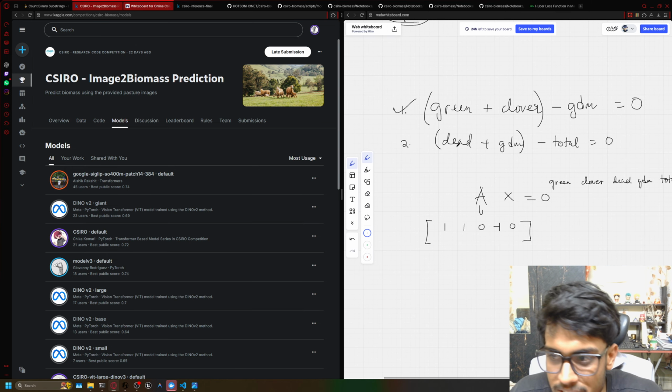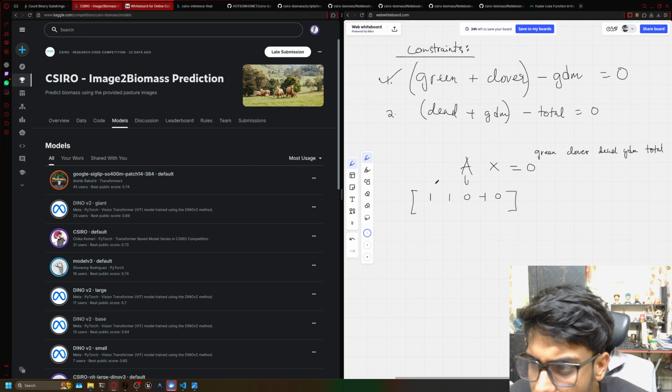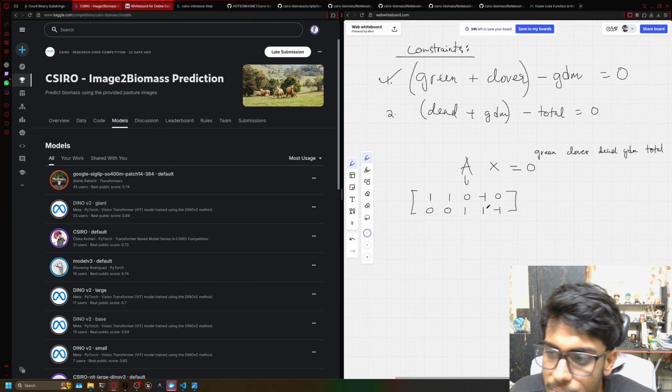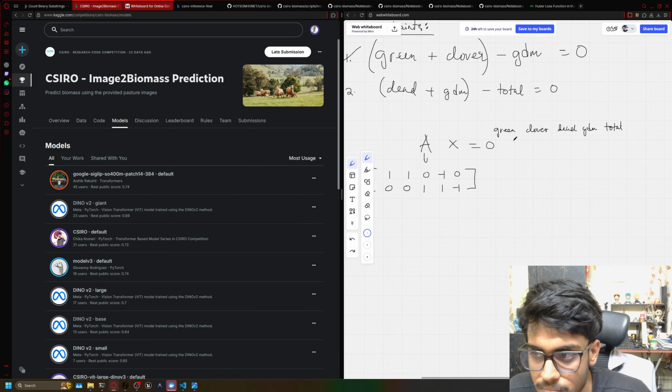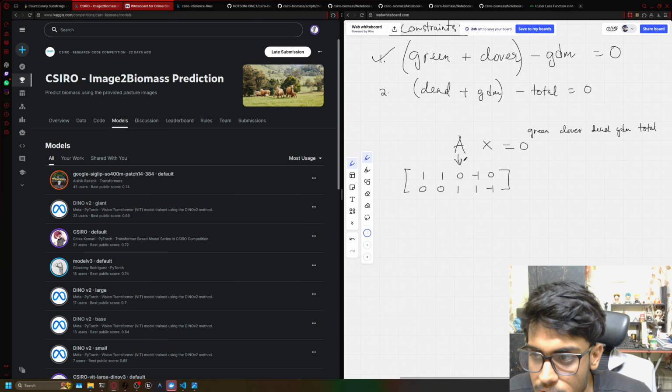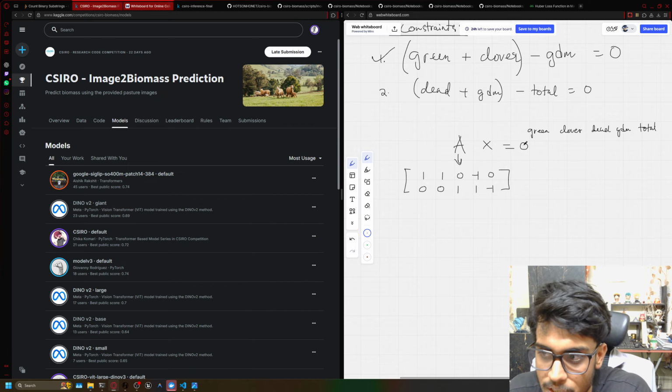Similarly, for the second constraint, I can write it in matrix format: green as 0, clover as 0, dead as 1, GDM as 1, and total as minus 1. When I multiply this with X, I get back this equation. So my constraint matrix multiplied with X should equate to 0.